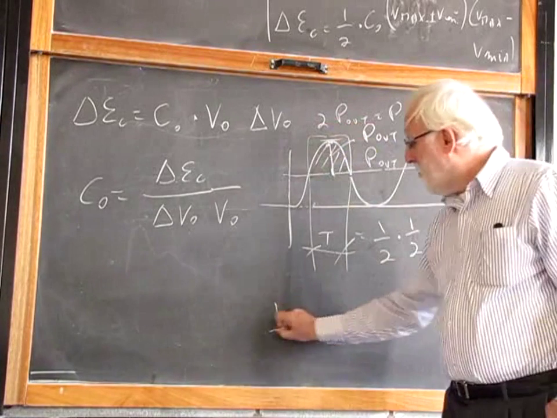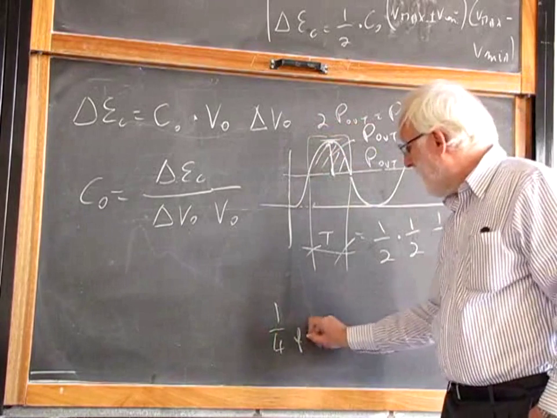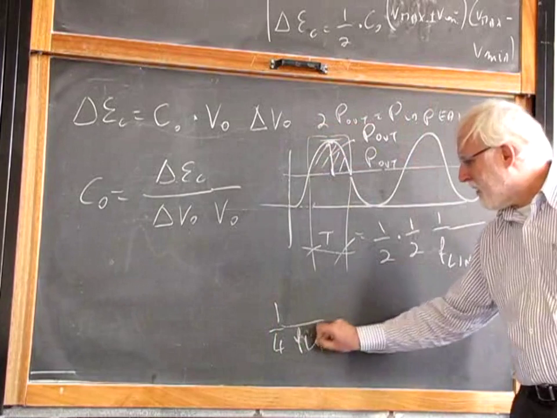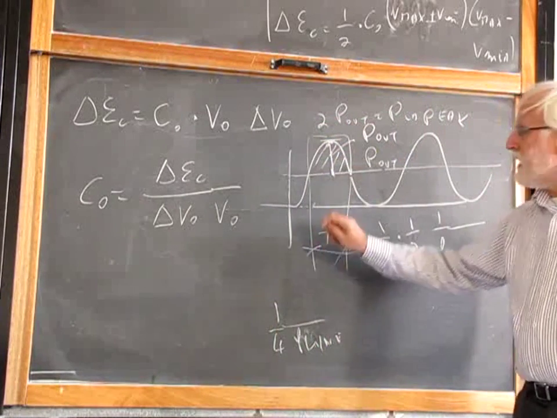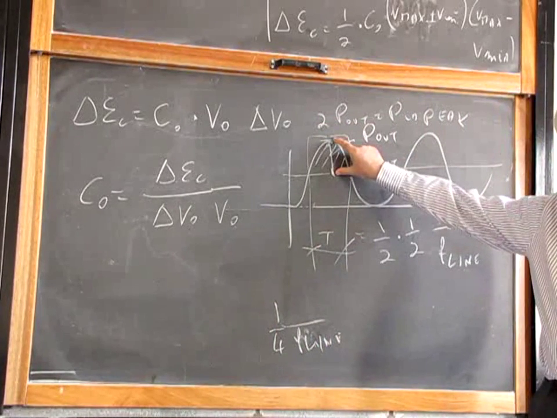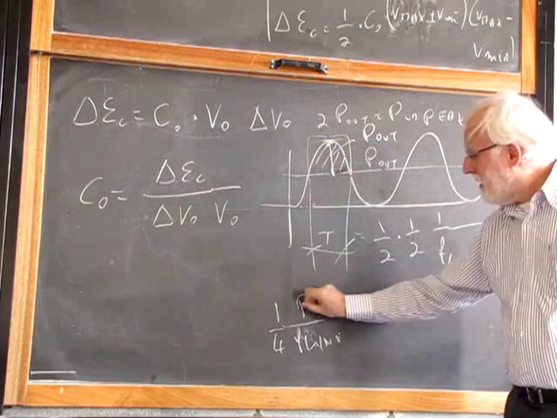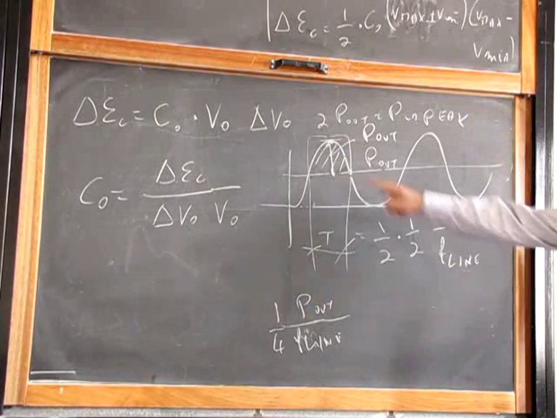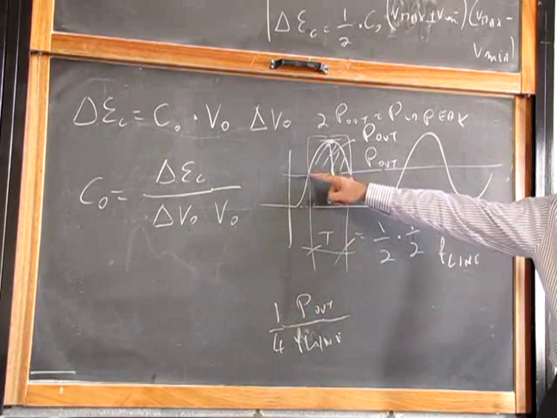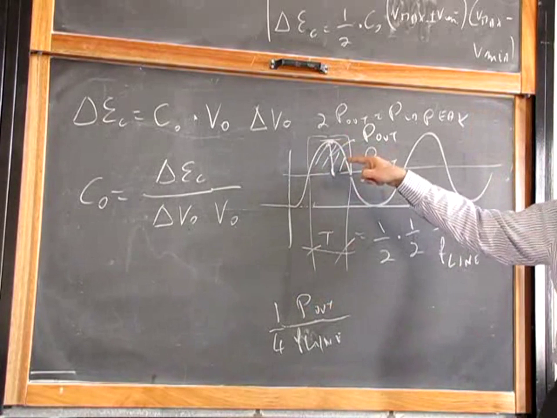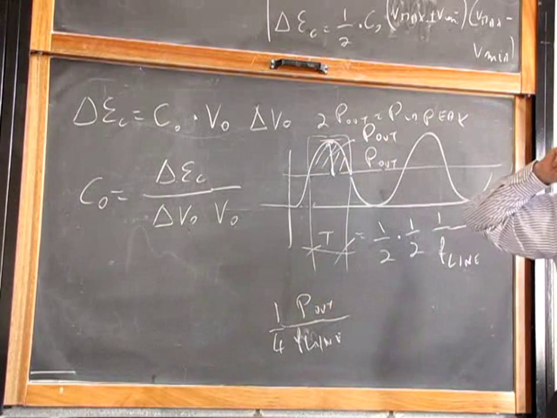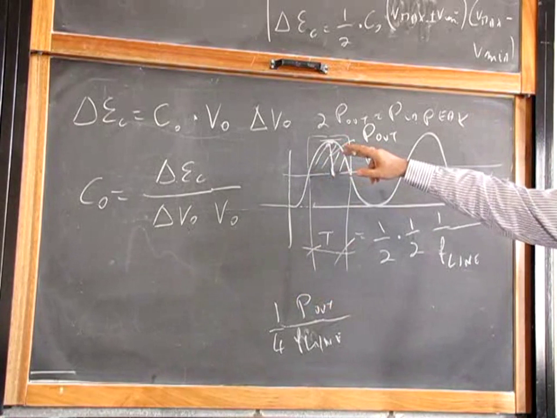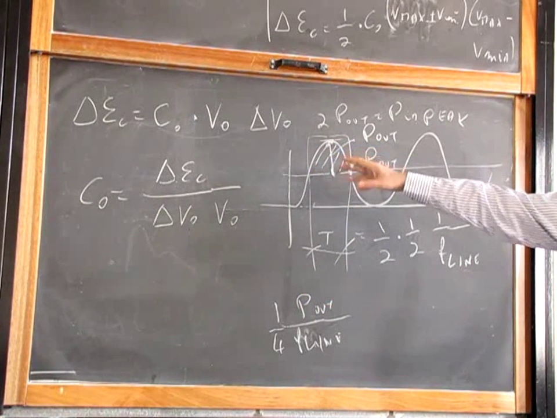So it will be 1/4 of the line frequency, times the height, that is P out, and then this is not a rectangle, what's the shape? Parabola. If it is a parabola, the coefficient is 2 over 3. Come on, it's not a parabola.